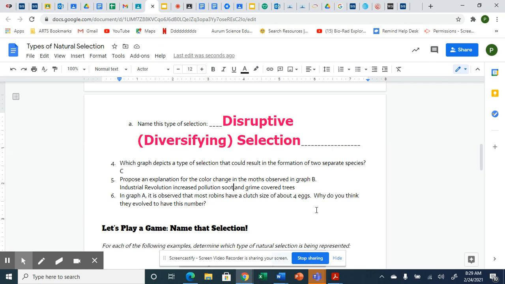Okay, so in graph A, it's observed that most robins have a clutch of 4 eggs. Why do you think they evolved to have this number? I would say it's the most manageable.